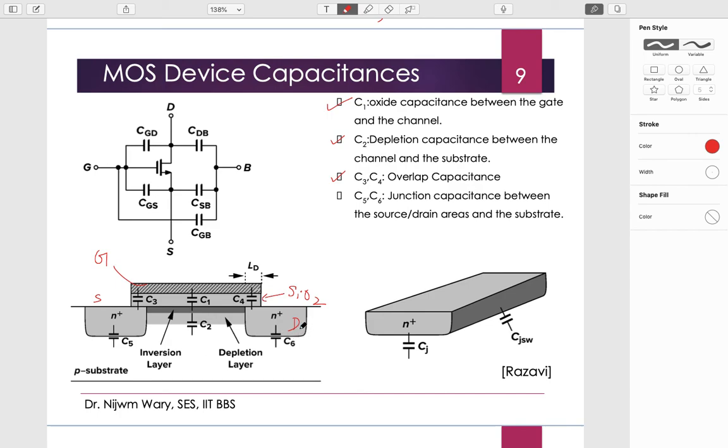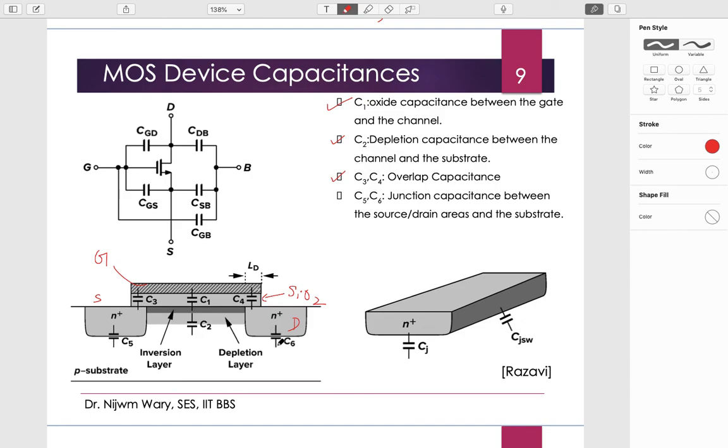Now the source and drain and the substrate are in a reverse bias condition, because there is N and there is P. So this PN junction is in reverse bias, and as we know, whenever there is a PN junction, there will be an associated junction capacitance.